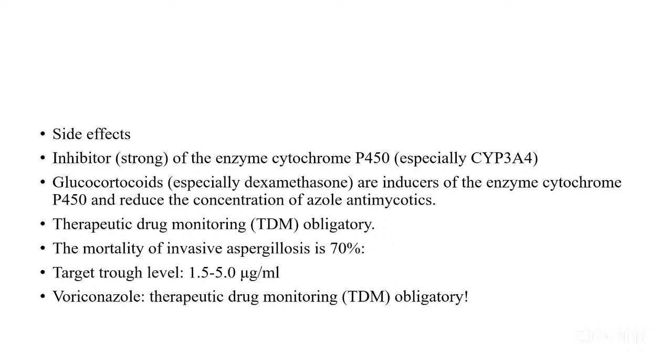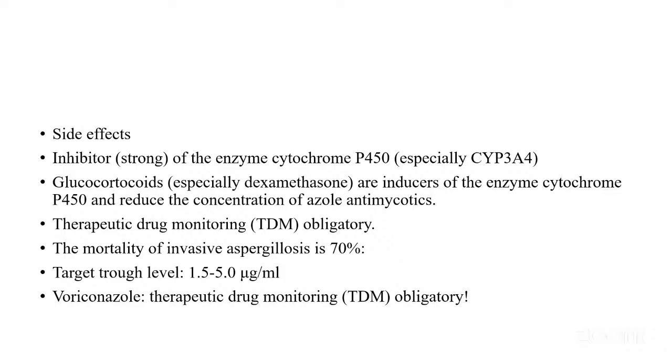It inhibits the cytochrome P450 enzyme, so no simultaneous administration with rifampicin, carbamazepine, phenobarbital, or quinidine. Glucocorticoids, especially dexamethasone, are inducers of cytochrome P450 and reduce the concentration of azole antimycotics. This is much more the case with voriconazole than isavuconazole. Also be careful with simultaneous administration of NOACs with voriconazole.